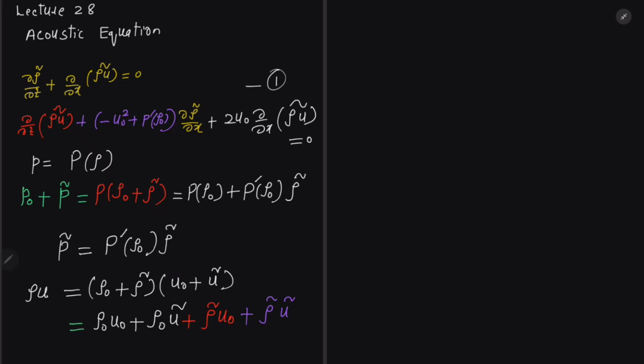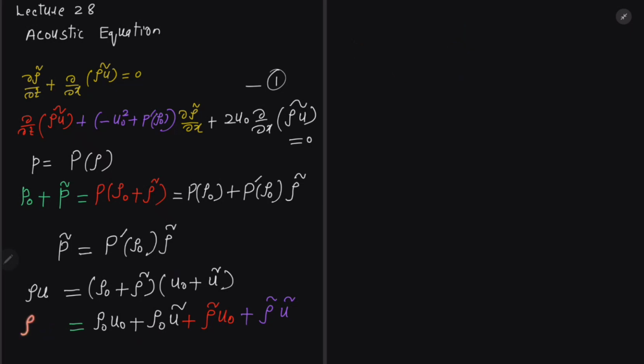Okay, so let me give you another example. I have to show something from here. When we write rho, that rho will be equal to rho naught plus rho tilde. When we have pressure, that equals P naught plus P tilde.